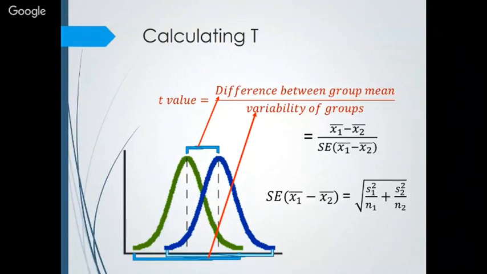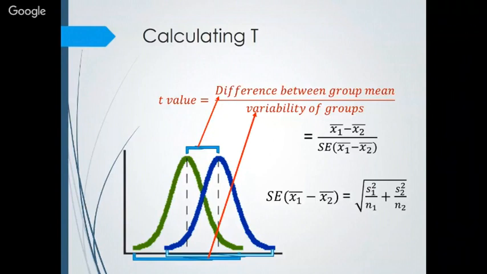So the equation is x1 bar, the mean of the first group, minus x2 bar, the mean of the second group, divided by SE, the standard error of the variability of the group. That formula is the standard error of x1 bar minus x2 bar. If you calculate this, you will get the T value.